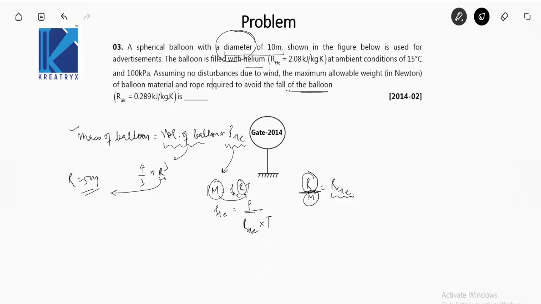We know the values; this is given, this is also given. Put the values. The mass of the balloon will be 87.359 kg.